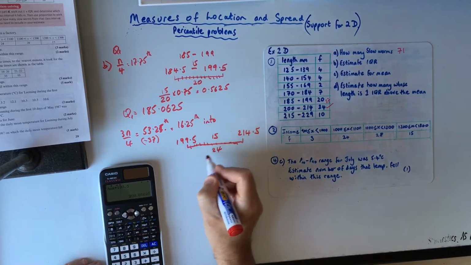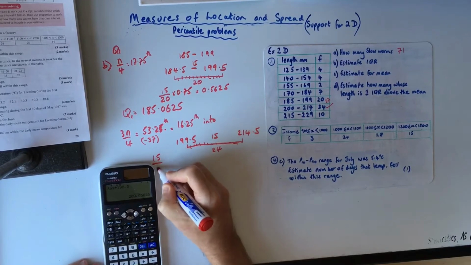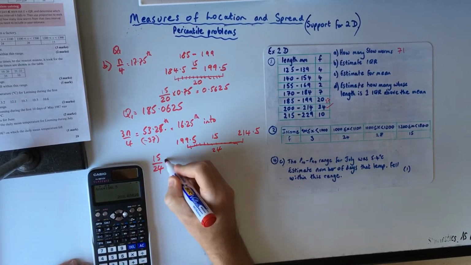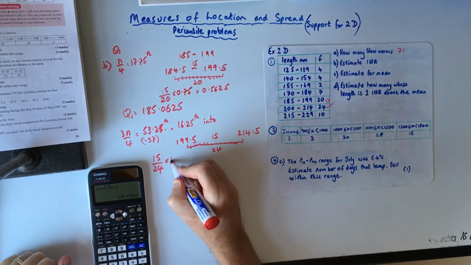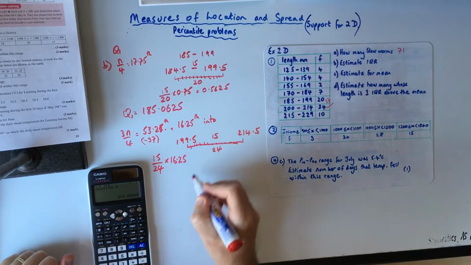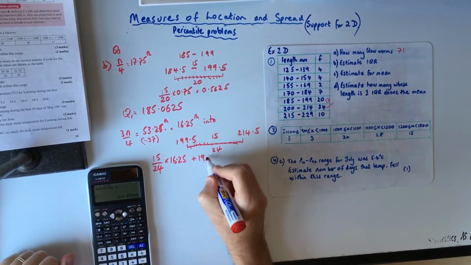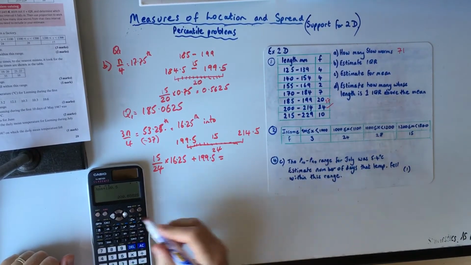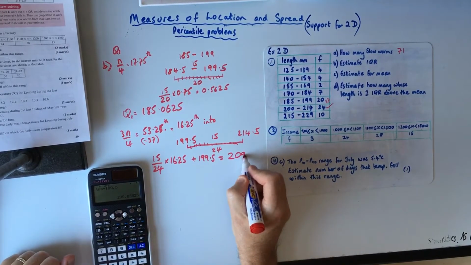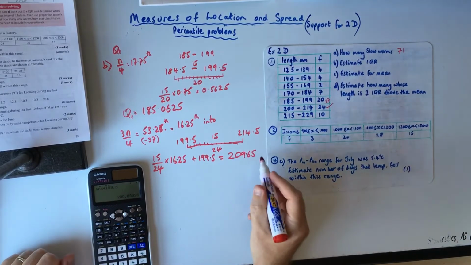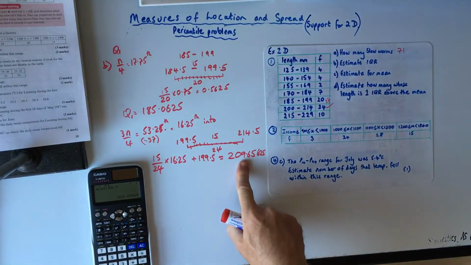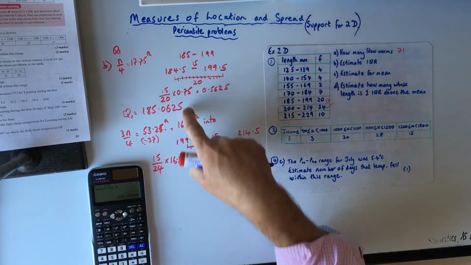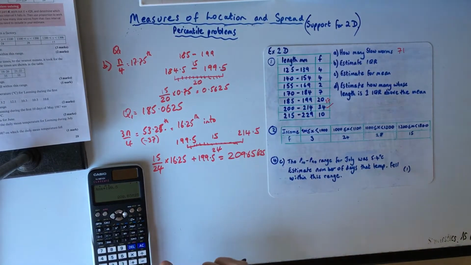So what we've done, we've gone 15 divided by 24, times it by 16.25, and then we've added the start of the group on 9.5, and that has given us 209.625. Okay, so the interquartile range is that, take away that, isn't it?